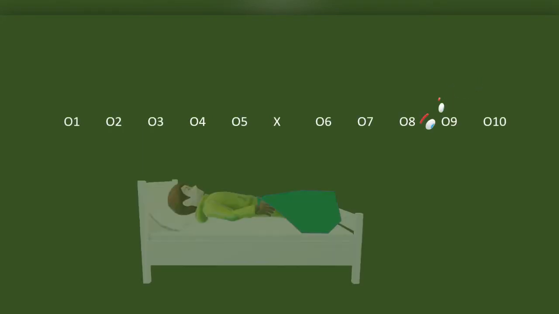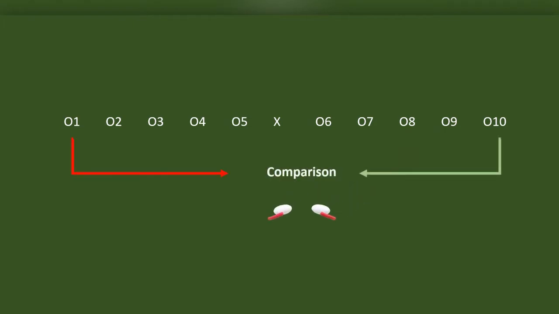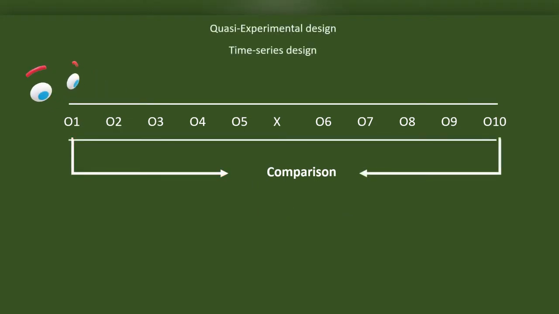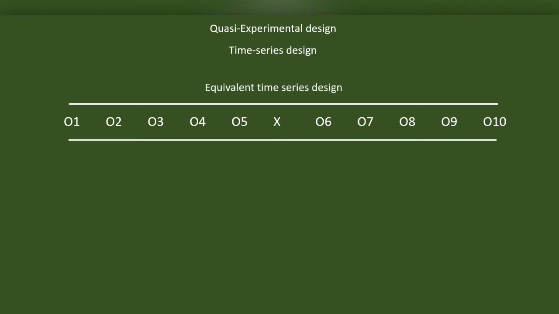After this, you may compare your first observation and your last observation. If you are trying to find a cause and effect relationship like this in research, you are practicing a quasi-experimental design called time series design. This method is called equivalent time series design.